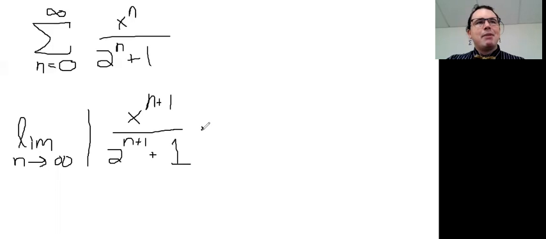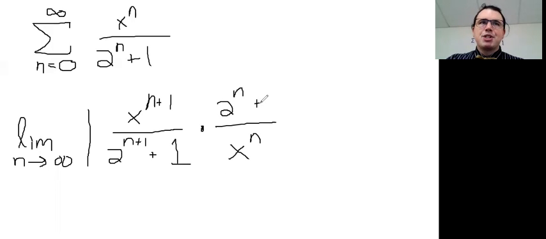Then I have to divide by the same formula evaluated at n. Here, I'm going to achieve that by multiplying by its reciprocal. Whenever I divide by a fraction, I achieve the same result by multiplying by that fraction but upside down, and I get this formula.